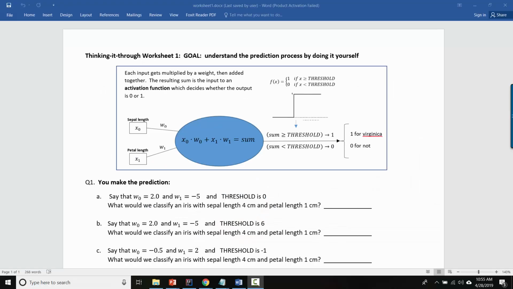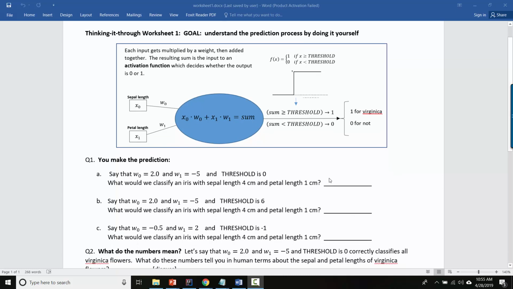At this point, I had people break into groups and try a couple of problems. The goal of the worksheet is a couple of things. First, to make sure that you really think through what this process involves by doing it yourself. The second is to try and develop some natural way of thinking about what the numbers for the weights actually mean.